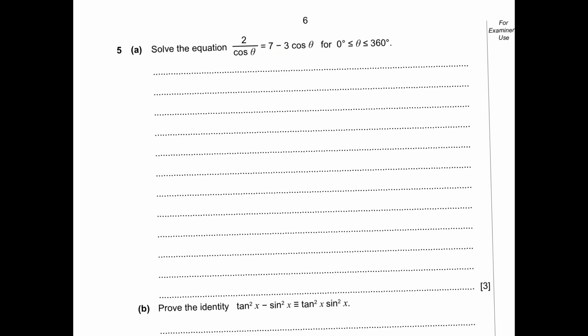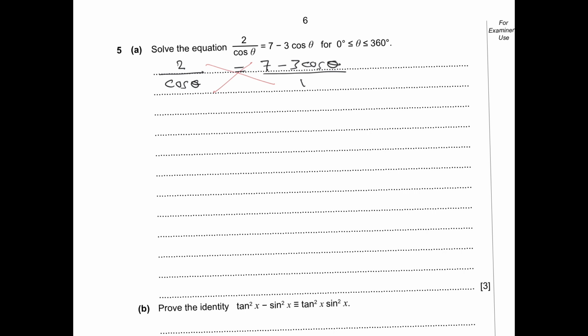So in this case, it would be better if we do cross multiplication. So we make this one over 1. So we have 2 over cos theta is equal to 7 minus 3 cos theta over 1. To get rid of the fraction, we cross multiply.